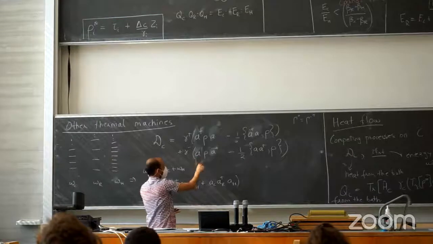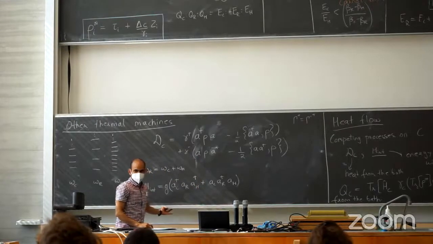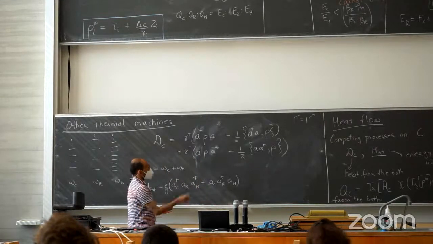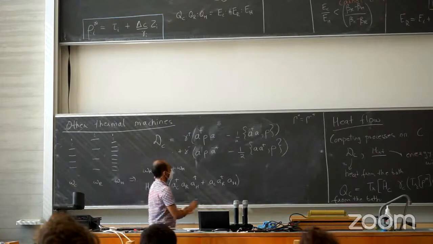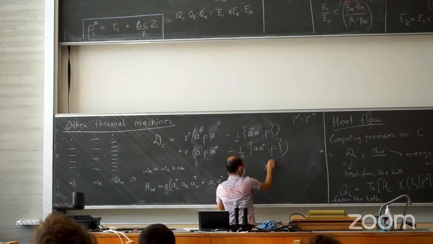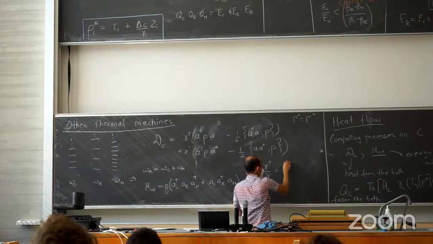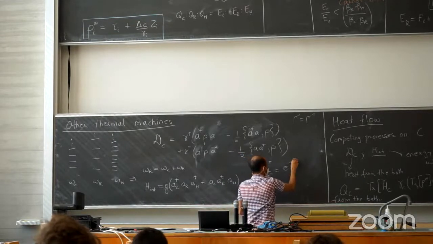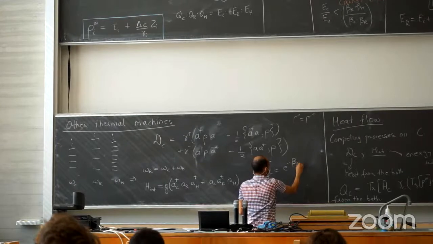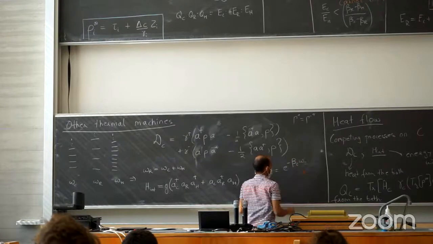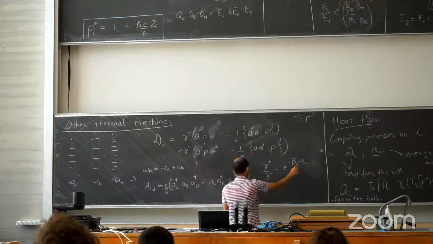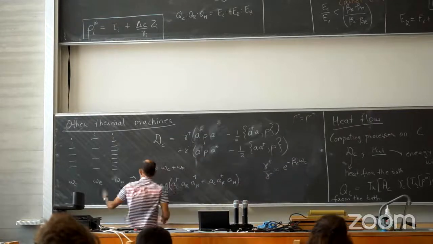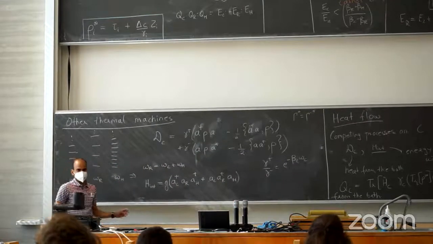Because it's a thermal Lindbladian, it will satisfy detailed balance, as I discussed yesterday, where gamma plus over gamma minus is e to the minus beta omega C. There are some units here: omega C is not a frequency, it's an energy, with units where h bar is equal to 1.